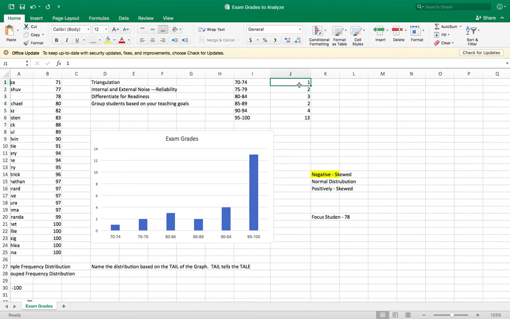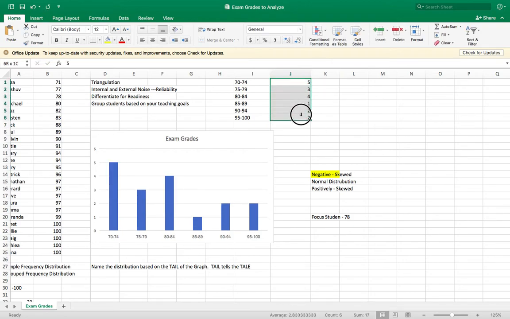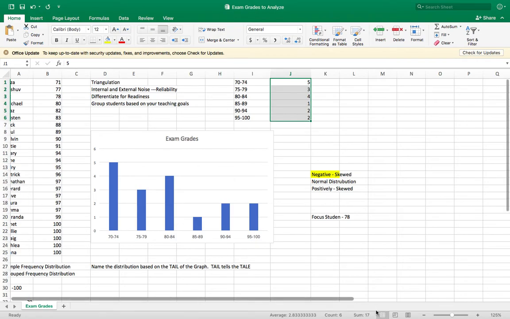All right, so let's say that this is actually 5, this is 3, this is 4, 1, 2, 2. Okay, now let's see here. All right, my sum is 17 down here. I'm just playing with data. So how much do I need to get to 25?